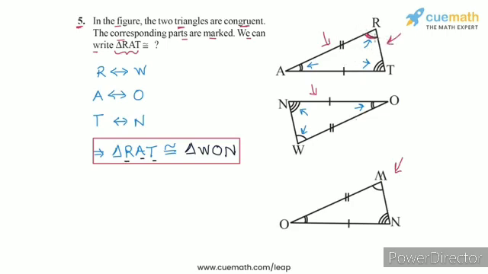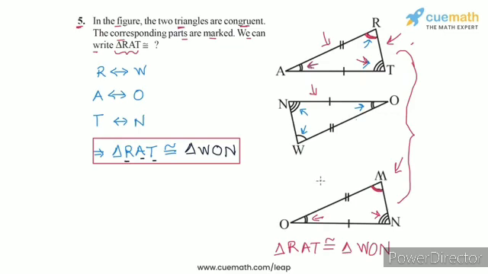So the angle at R corresponds to this angle at W, then the angle at A corresponds to this angle at O, and the angle at T corresponds to this angle at N. So by comparing this first triangle and this reoriented second triangle, it's easy to see that triangle RAT corresponds to WON, just by comparing the vertices one by one.